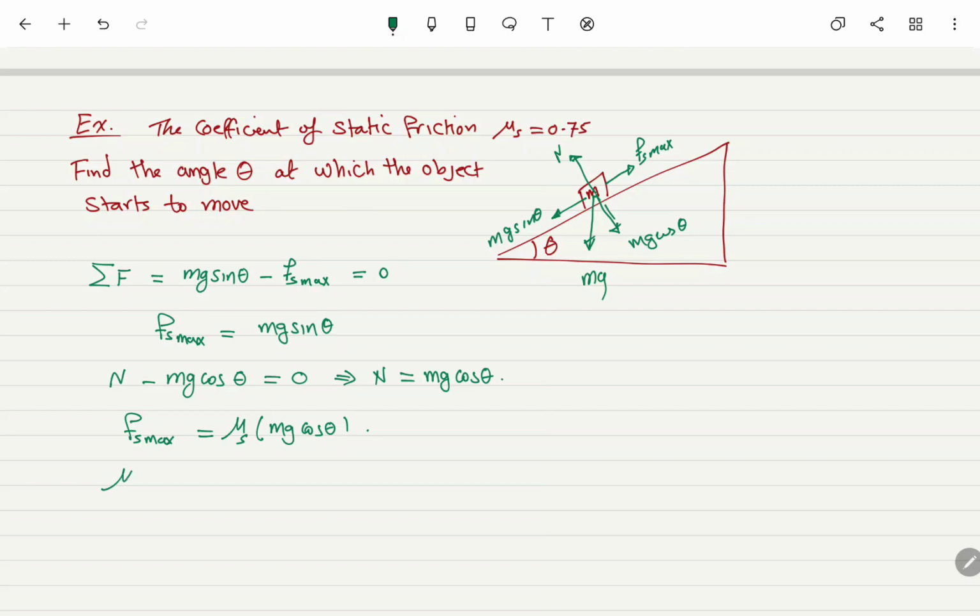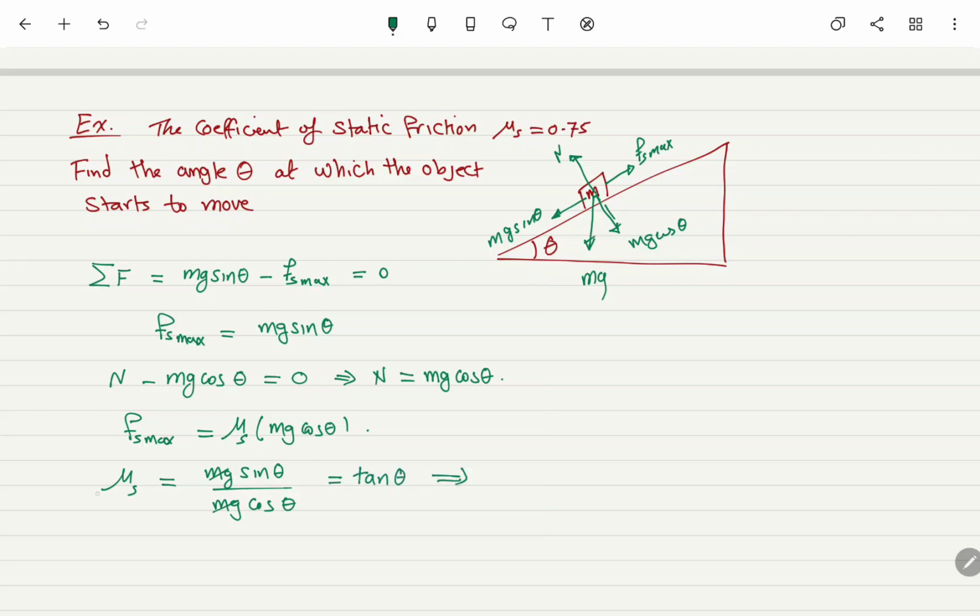So mu s is equal to Fs over N, which is mg sine theta divided by mg cosine theta. The mg cancels out, so it's equal to tan theta.